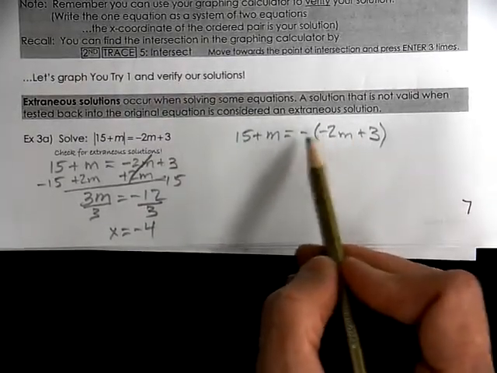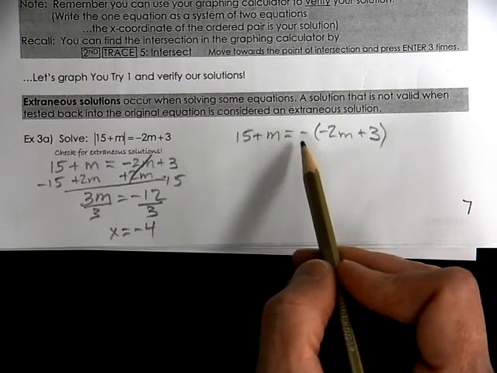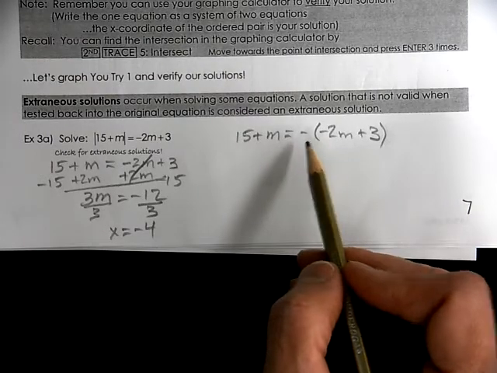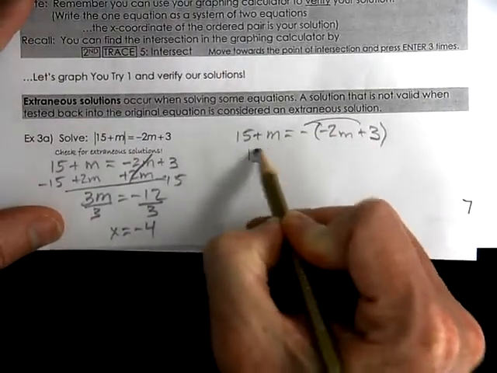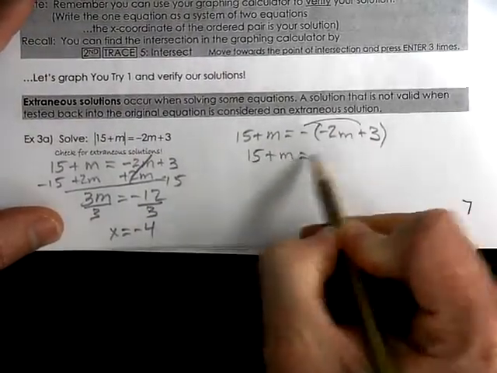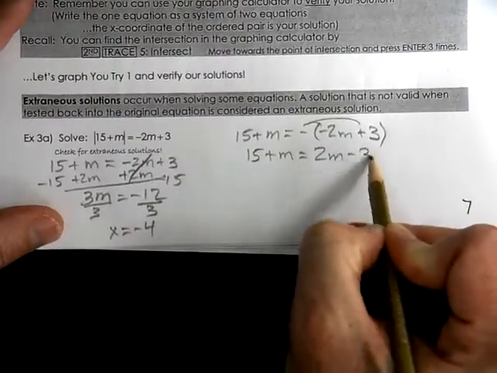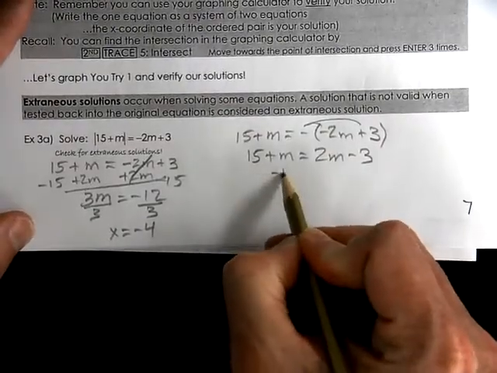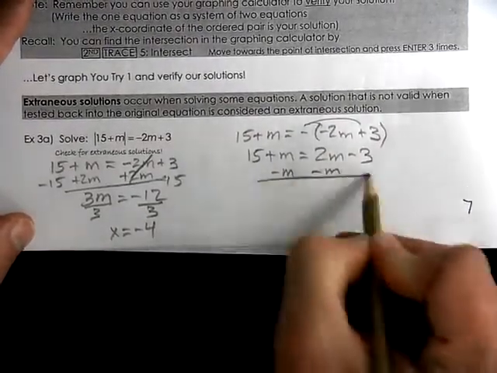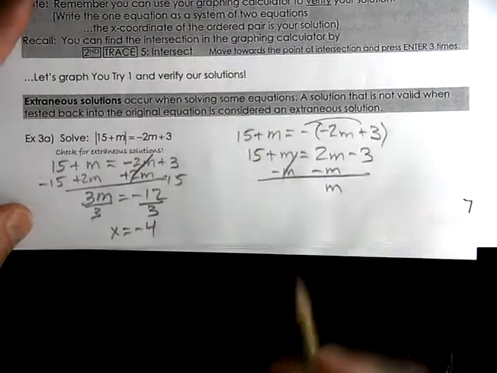Now, how are you going to deal with this negative? You're going to distribute through the negative and have 15 plus m equal 2m minus 3. I like to subtract the m's in a way that keeps the m's positive.